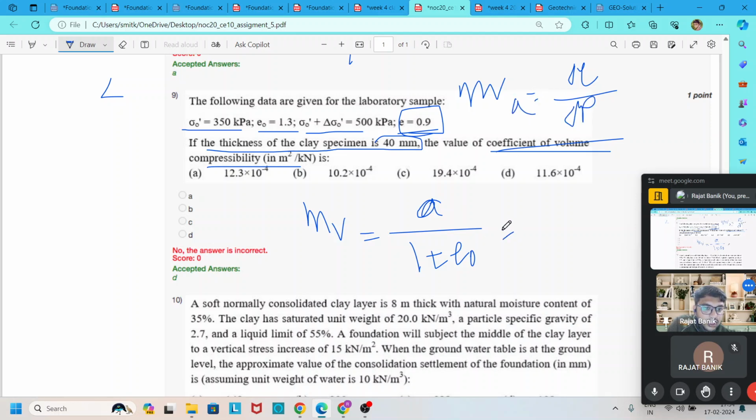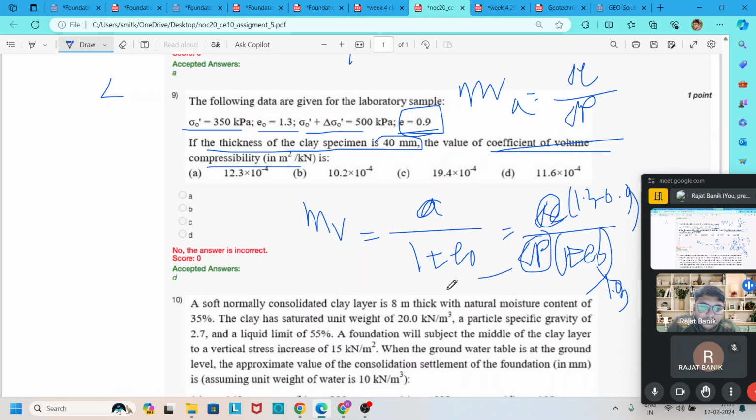So put the a value here, which is change in void ratio divided by change in pressure, into 1 plus e naught, initial void ratio, where change in void ratio is 1.3 minus 0.9 and initial void ratio is 1.3, and change in pressure is nothing but delta sigma, which is equal to 500 minus 350, which is equal to 150.